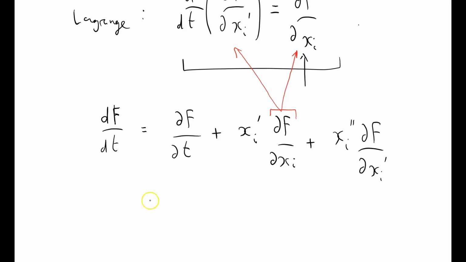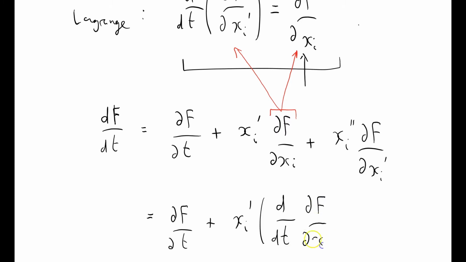This equals di f by di t plus xi dash, and then substitute d by dt di f di xi dash, plus this term here, xi dash dash di f di xi dash. There we go.